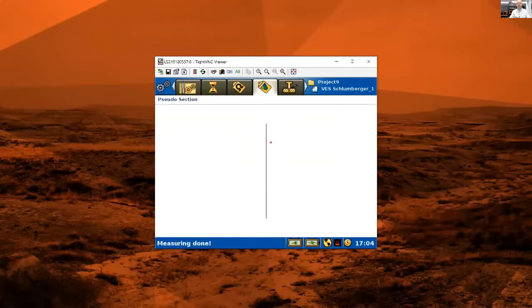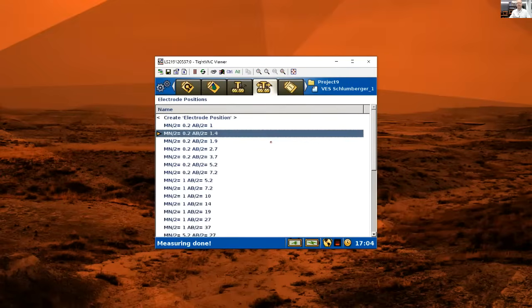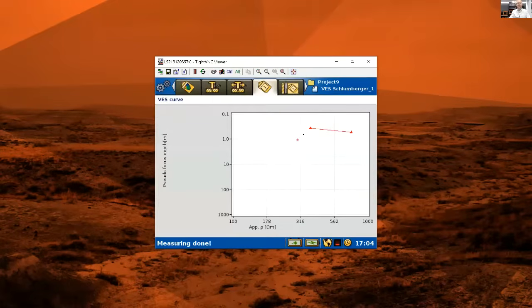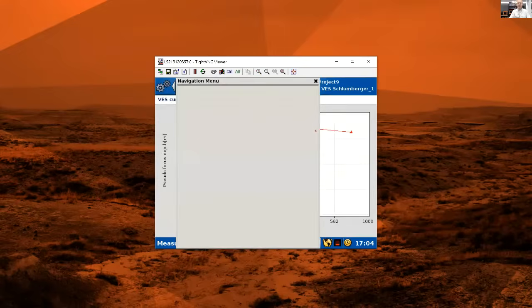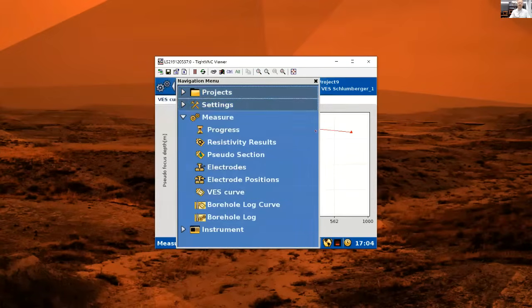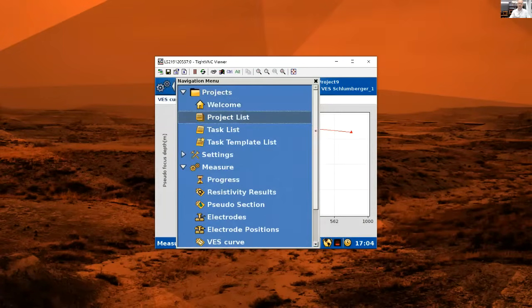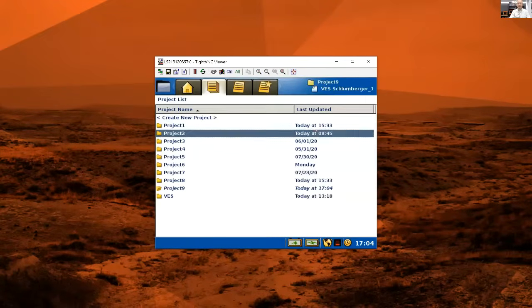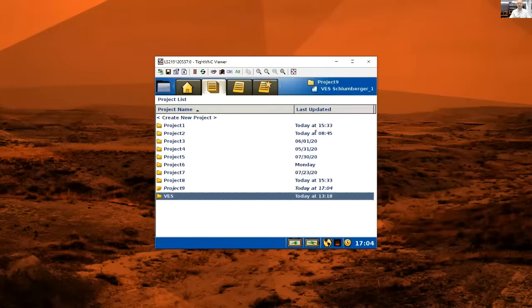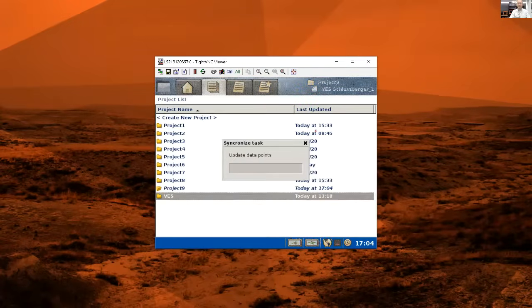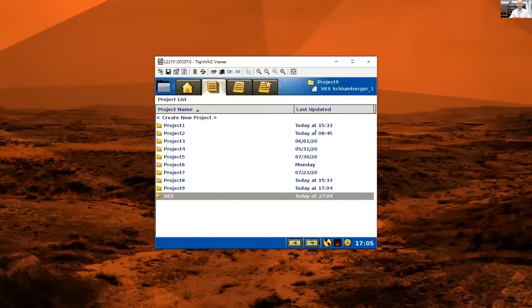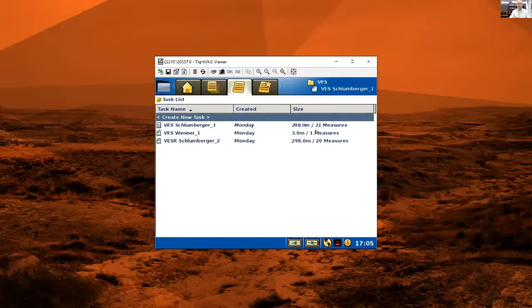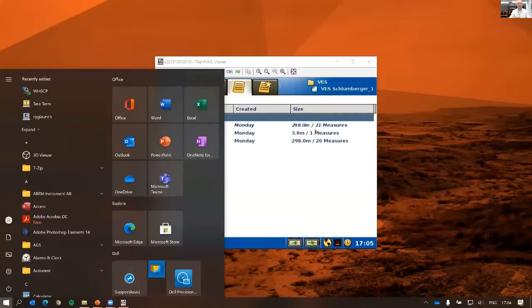If I jump along to my results tab, my sounding curve, we can see that the first 2 data points have appeared. If I look at a data set that I've actually collected more data within, project list, and go down to this VES one at the bottom, load that in, and then have a look at the sounding curve for this one.